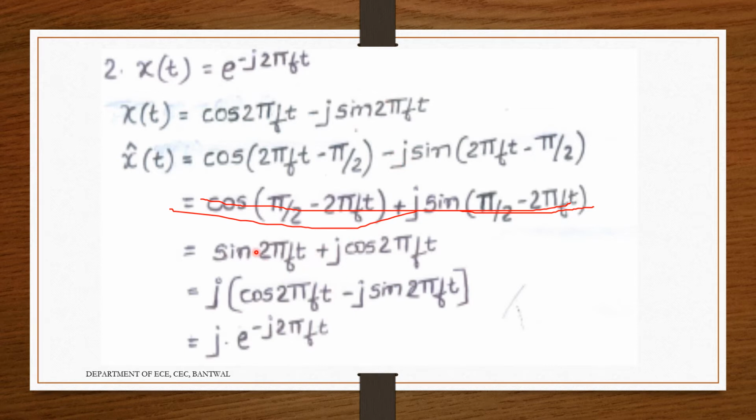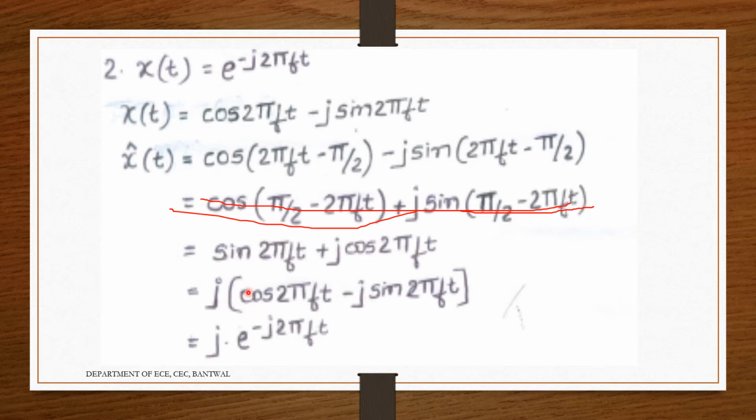Now when you take it this way, we need to represent it again in exponential form. So I take a j common outside. So it will become j cos 2 pi ft, and here it is minus j. So when you multiply here, what will it become?